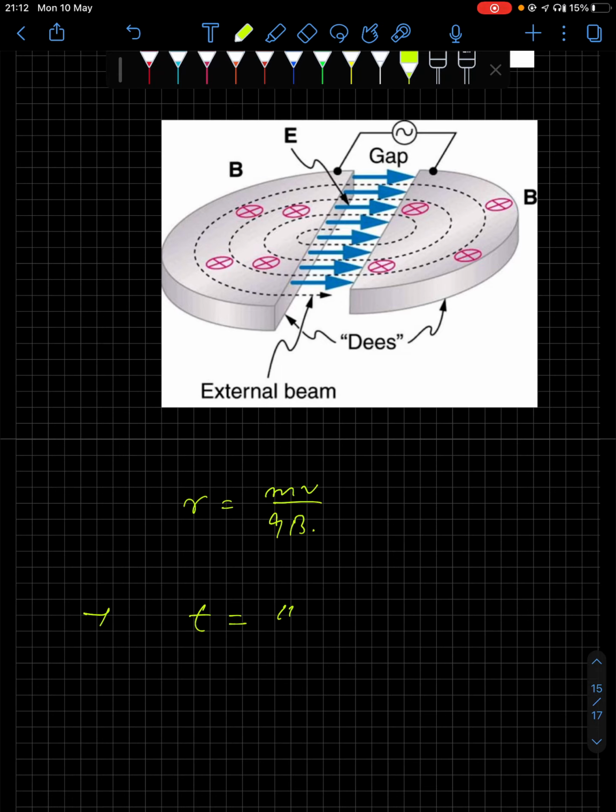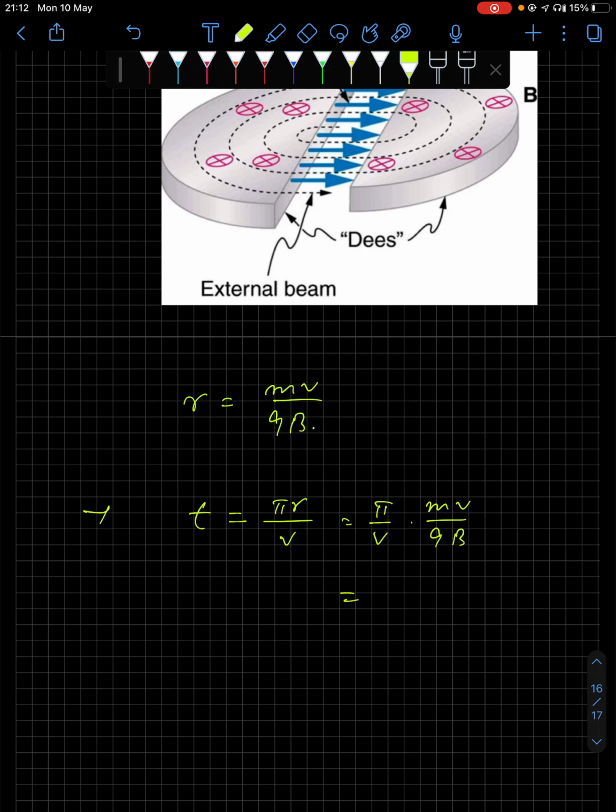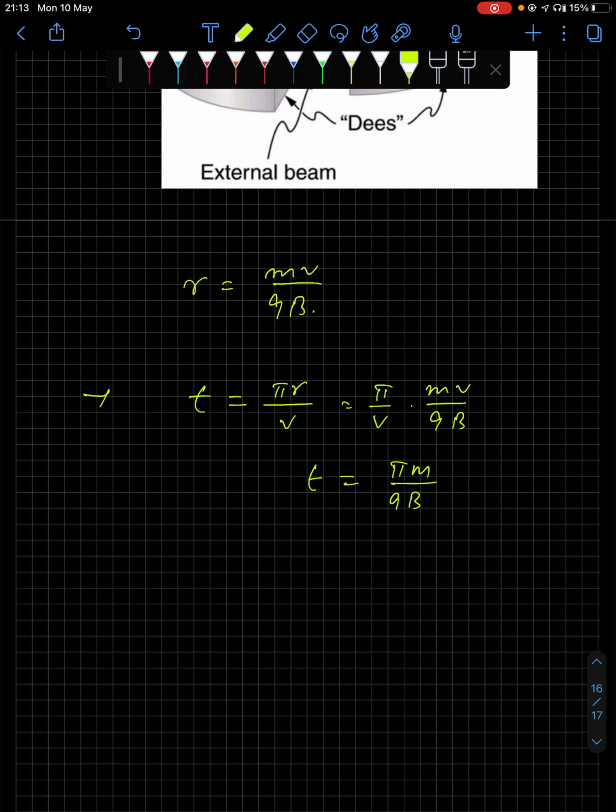A semicircle has circumference pi r, divided by speed v. So pi by v into the radius relation mv by qB gives you pi m by qB. This is the time needed by the charged particle to complete a semicircle.